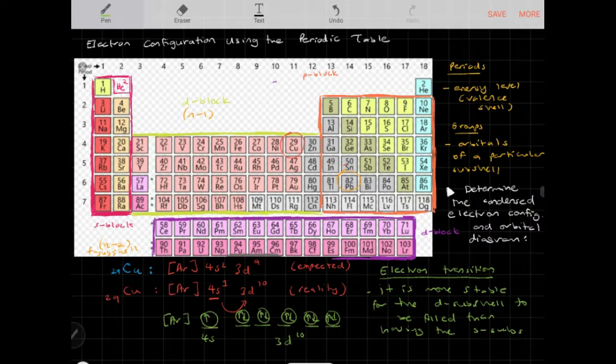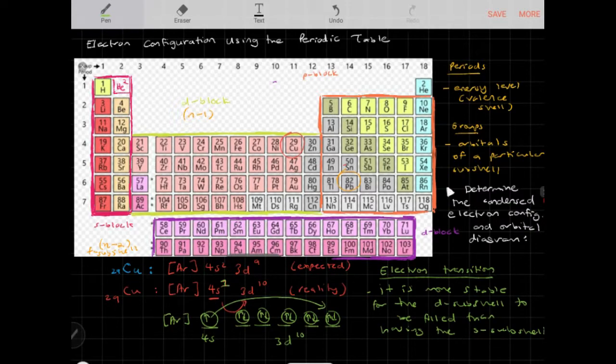So the more likely that the D subshell is filled, right, the more stable that the species is. So that's why there is an electron transition, that an electron actually will jump from the S orbital, right, the S subshell to the D subshell, right? So that's why you get this S1.